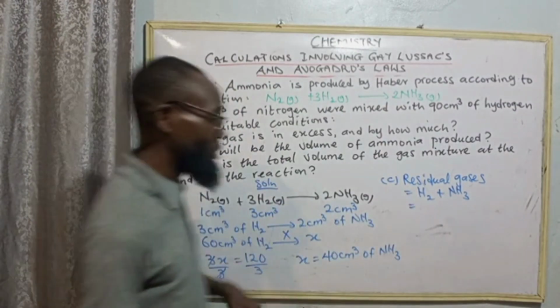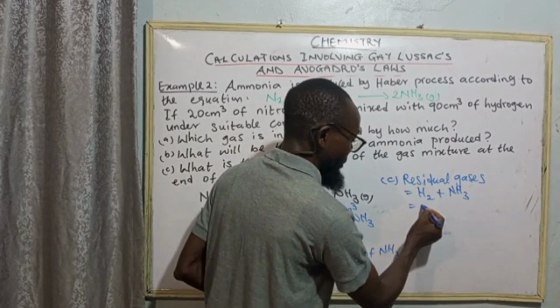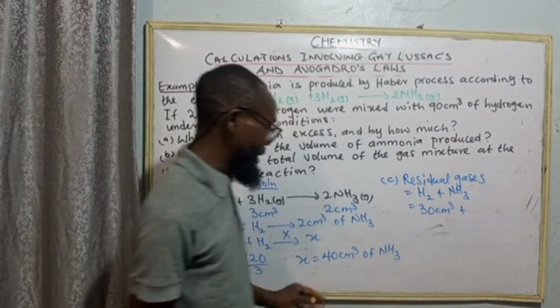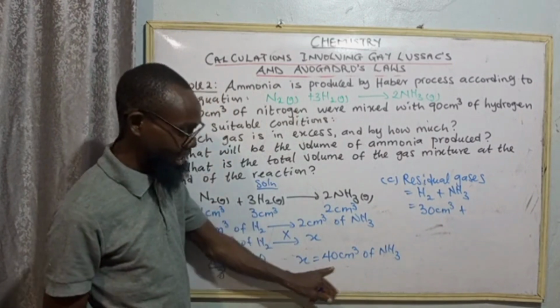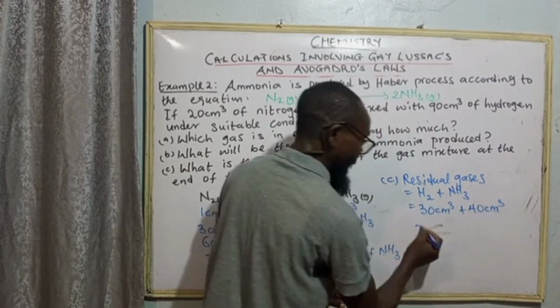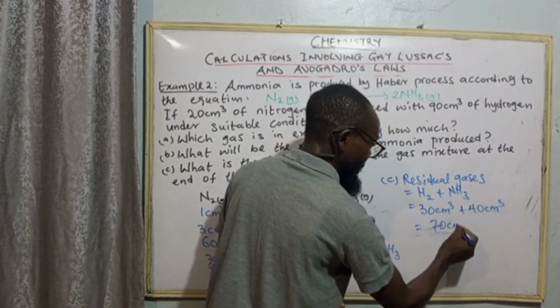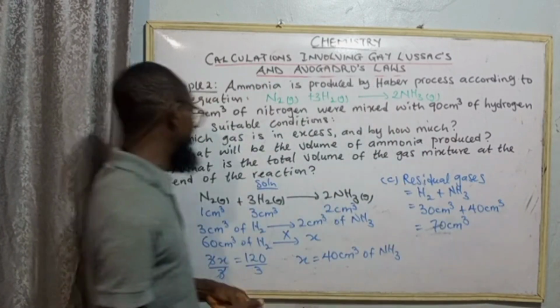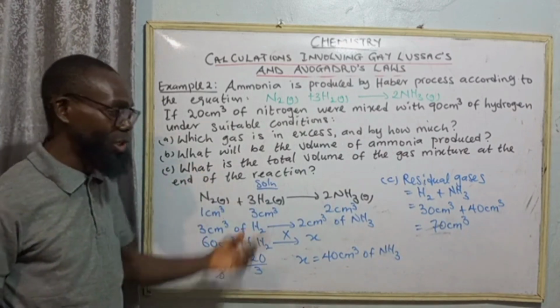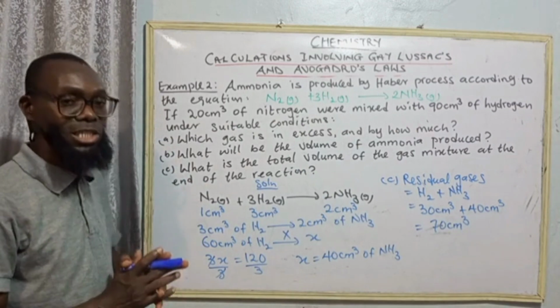Our excess hydrogen that we got the other time is 30 cm³, plus the volume of ammonia gas we got here, 40 cm³. When we sum it up, we have 70 cm³. So the total volume of the gas mixture at the end of the reaction is 70 cm³.